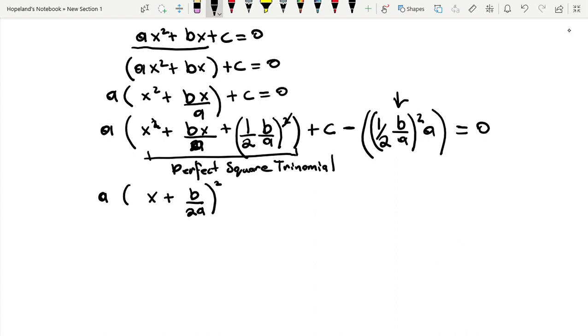Then you continue on with plus c minus half b over a all squared times a. Okay, let's clean this up a little bit and then we'll solve for x.